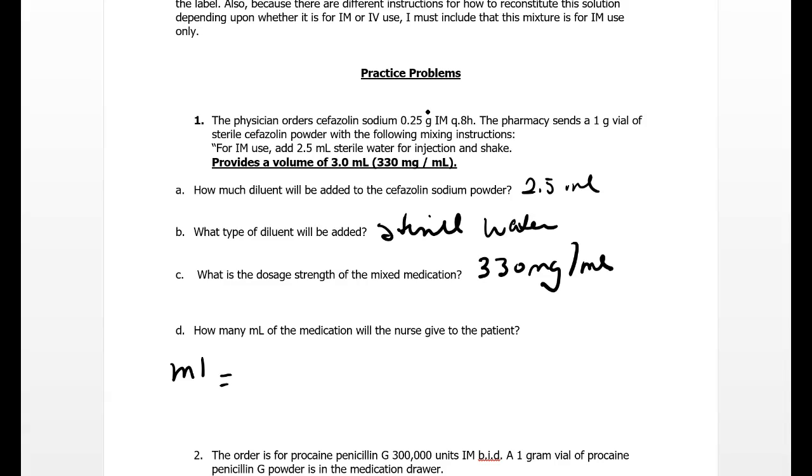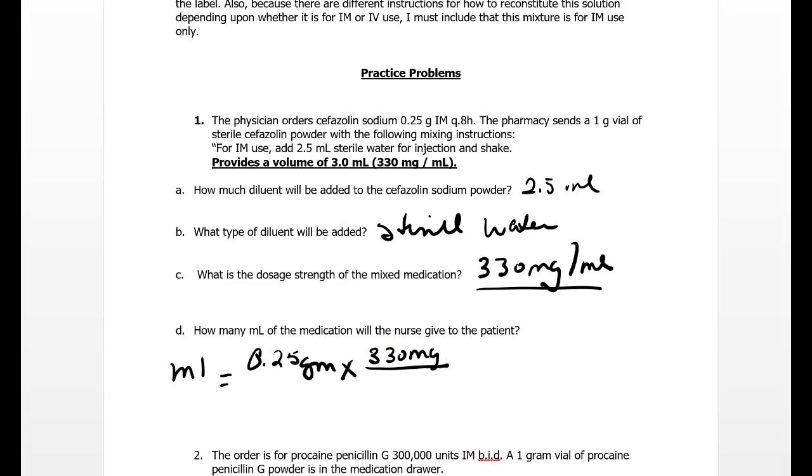We can add that into our conversions here. So we have 0.25 grams. And what is our solution? We don't need to add in this 3 mLs or the 2.5. All we're looking for is this, 330 milligrams.